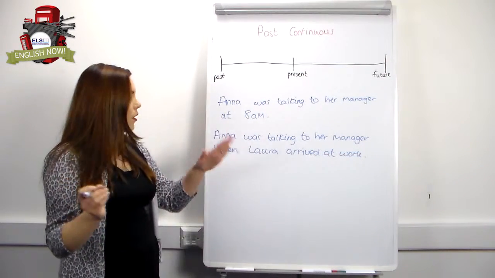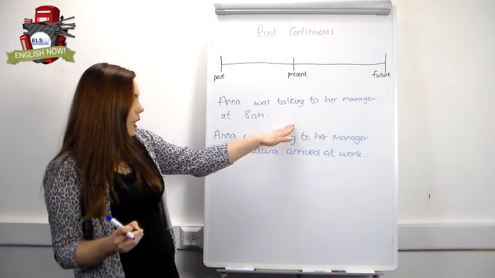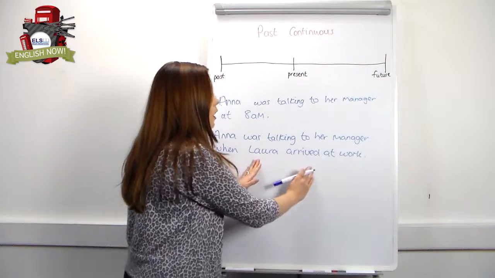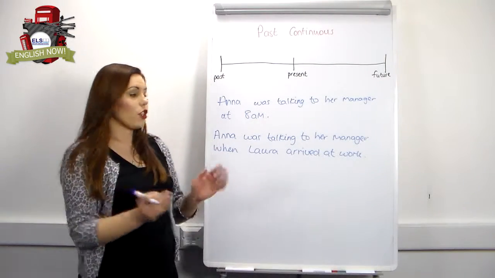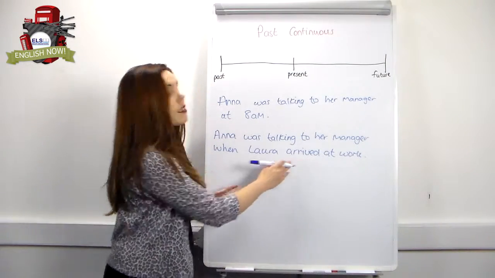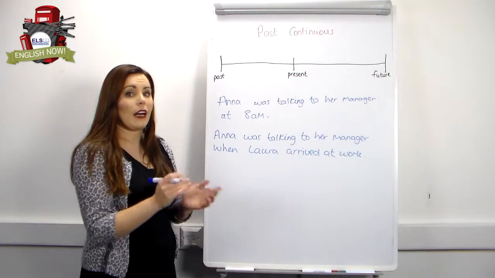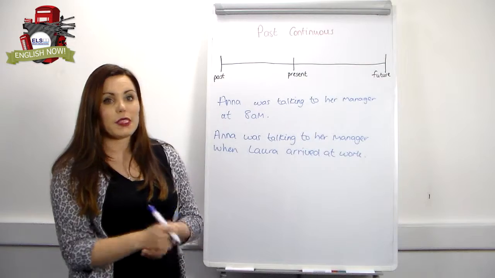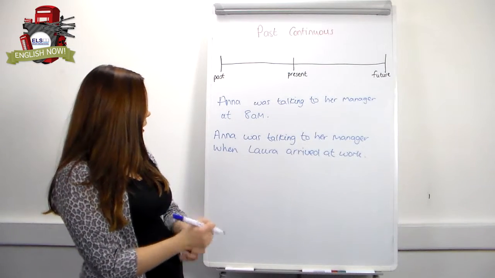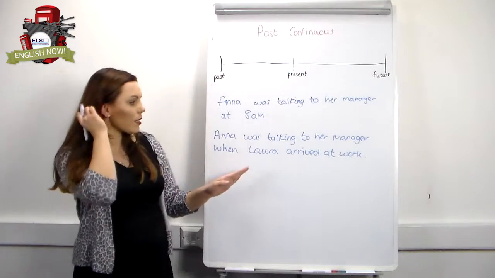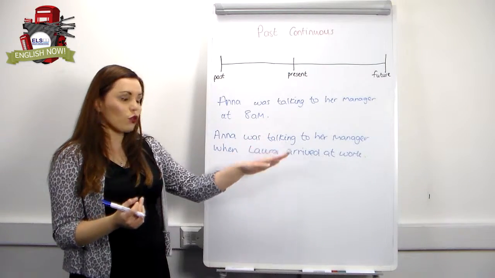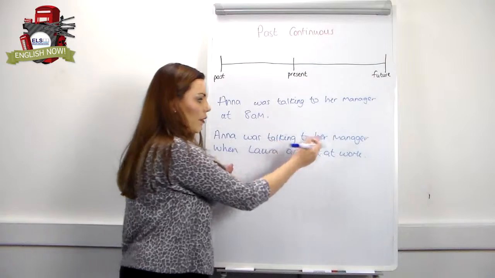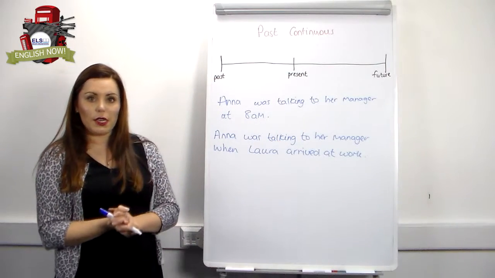The longer action, Anna was talking, is interrupted by the shorter action, Laura arrived. The shorter action is in the simple past. And if you're not sure how to write sentences in the simple past, please watch our simple past video. So this one suggests that Anna started talking to her manager before Laura arrived and carried on after Laura had arrived at work.